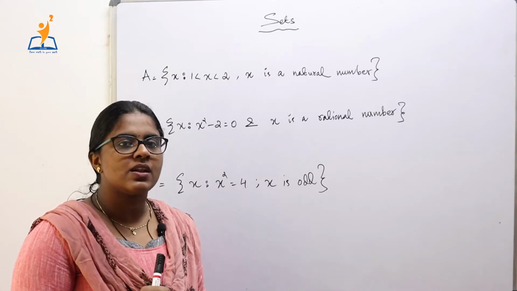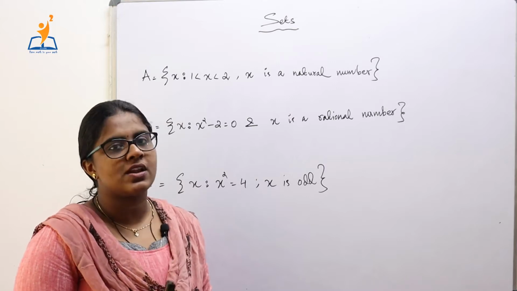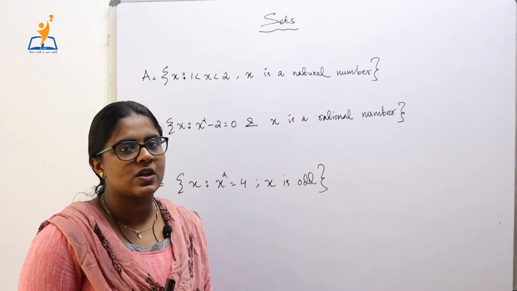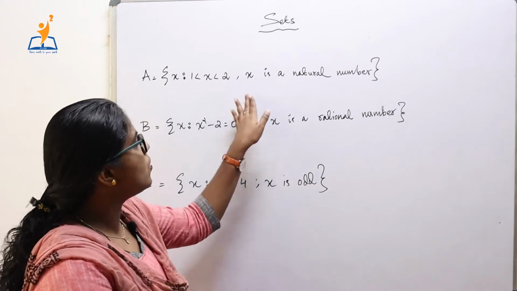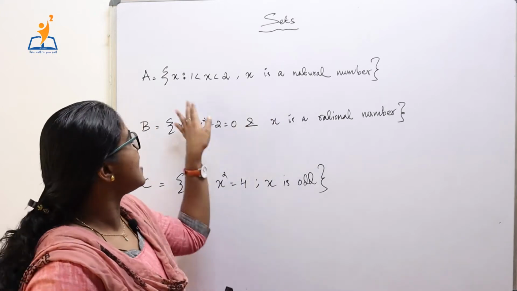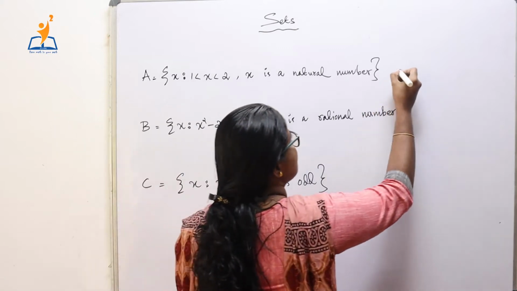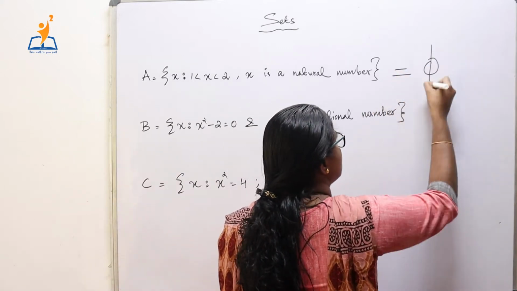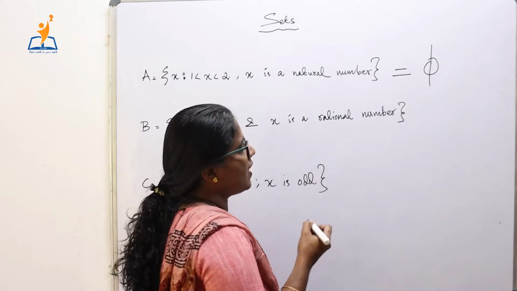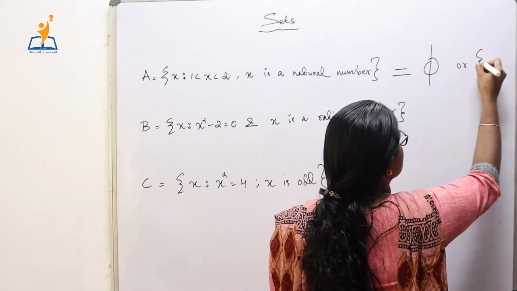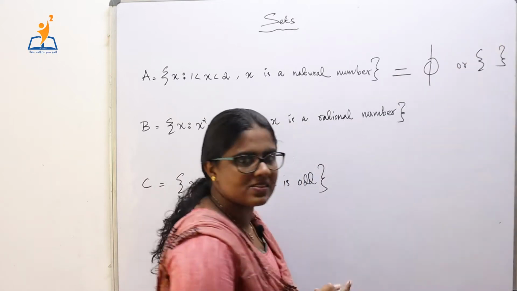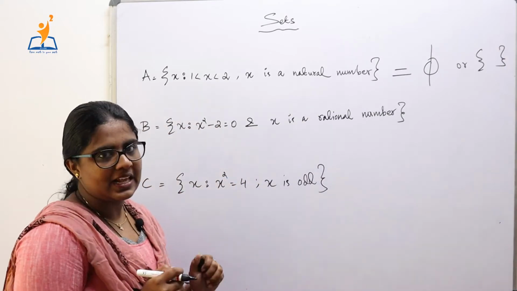Our first natural number is 1 and the second natural number is 2. So there is no natural number satisfying this particular condition. So our set A is an empty set, and we denote it using the symbol phi or the empty set braces.